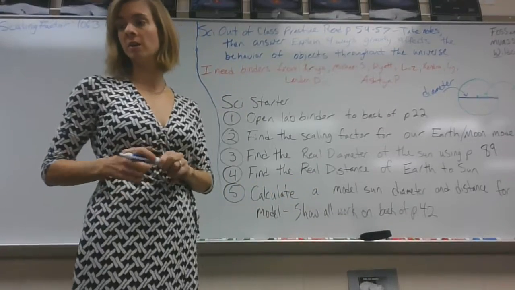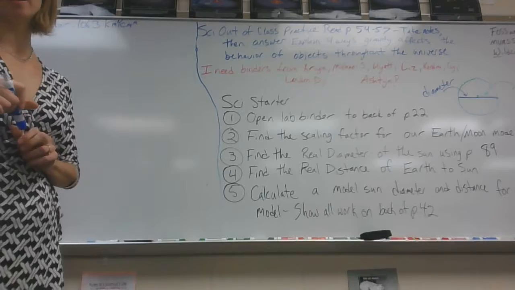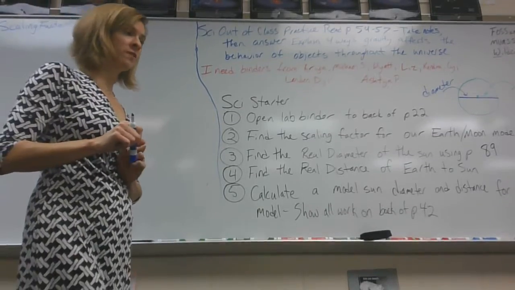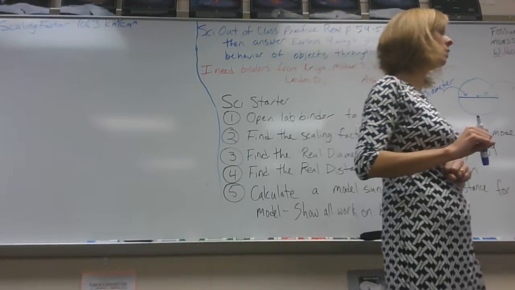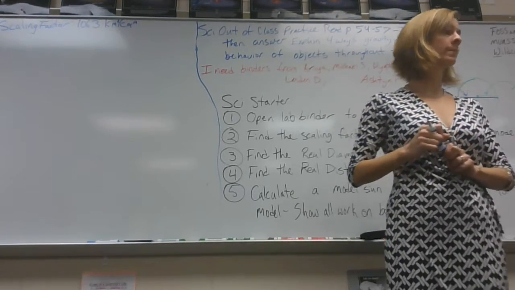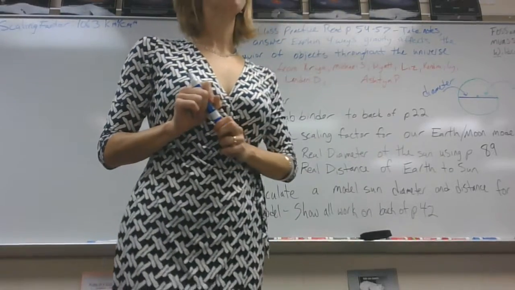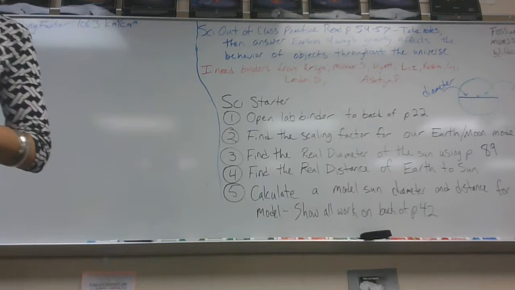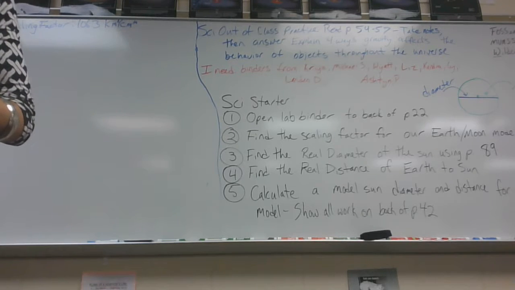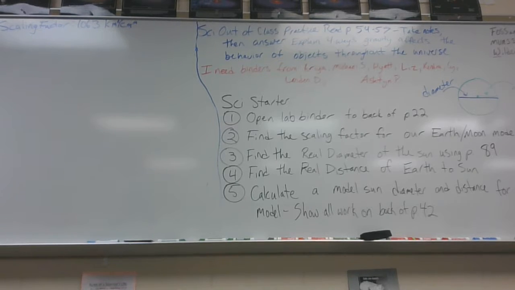So you're going to use page 89 in the textbook to find those in that diagram. Put your finger on the radius of the sun in the textbook on page 89. Put your finger on the radius. You guys, you two will need another book. Just grab one. Zach, can you tip your book down so I can see where you're at?